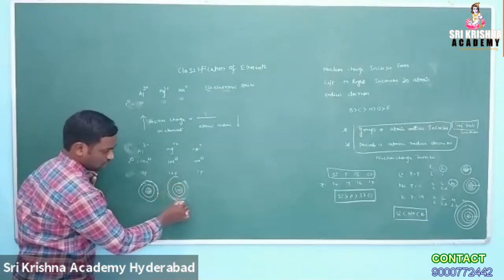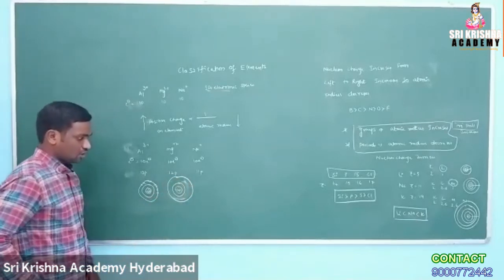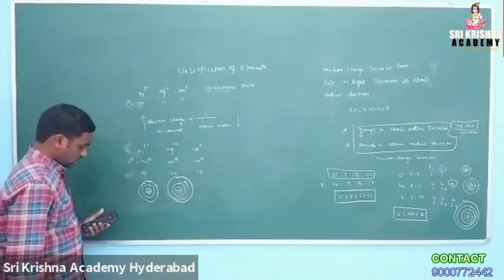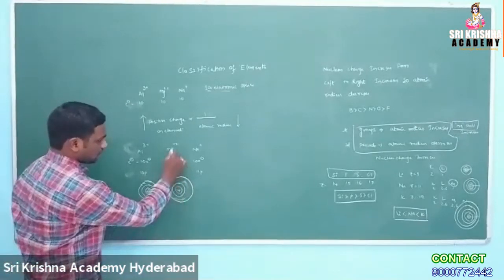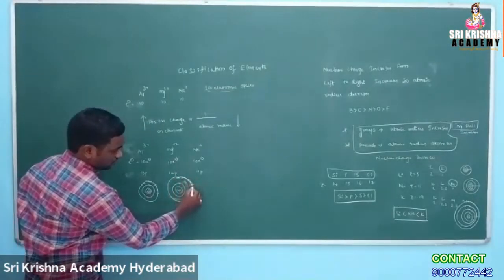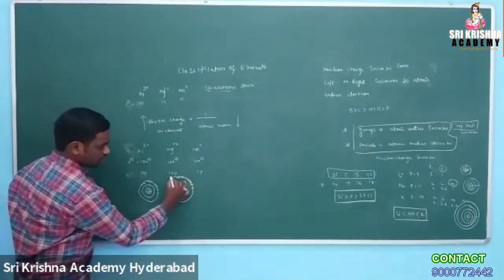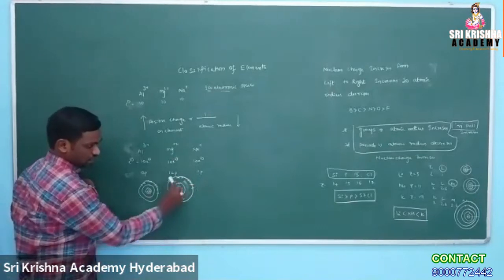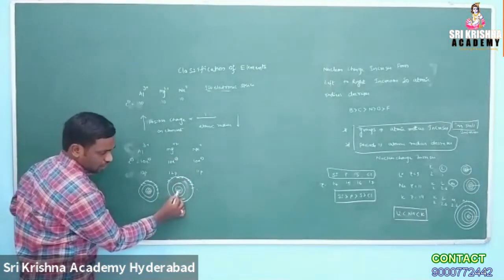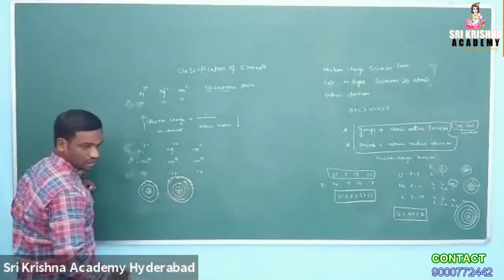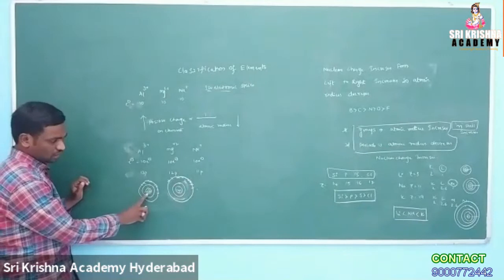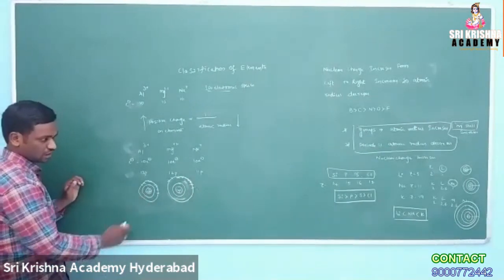How many valency electrons in magnesium? 1, 2, 3, 4, 5, 6, 7, 8. 8 valency electrons are there. Inside, 12 protons. 12 positive charge is attracting 8 electrons, while there 13 positive charge is attracting 8 electrons. More positive charge means more nuclear charge here.